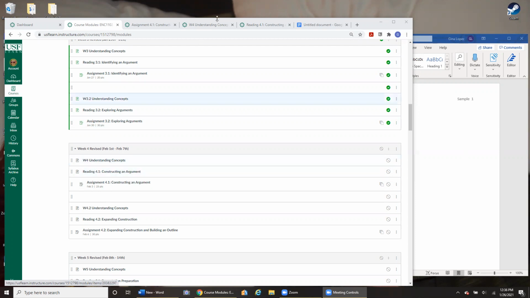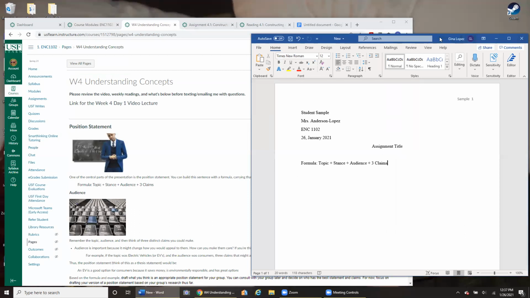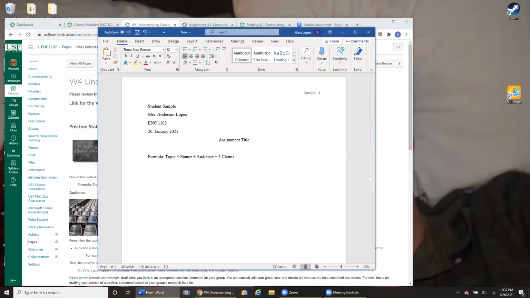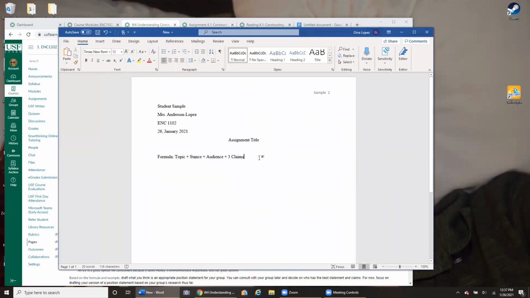So we click on Understanding Concepts, which talks about a position statement, and it shows a little formula. The position statement can be thought of as the thesis or purpose statement for your entire presentation. What is the thing all about, and how would you go about setting up such a statement?